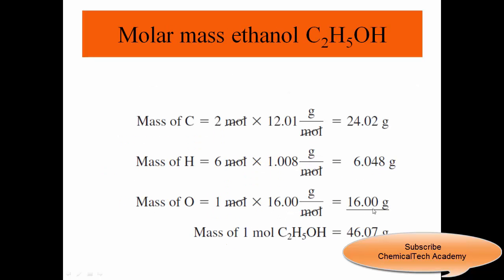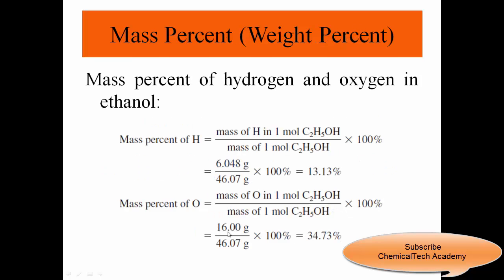We have it here, 16 grams divided by the molar mass. So 16 grams divided by 46.07 grams times 100% is going to be 34.73. Now we can see here, because we have only 3 elements in this ethanol, if we add 52.14, 13.13, and 34.73, we must get 100%.